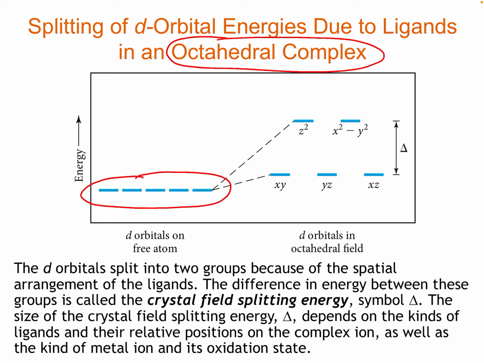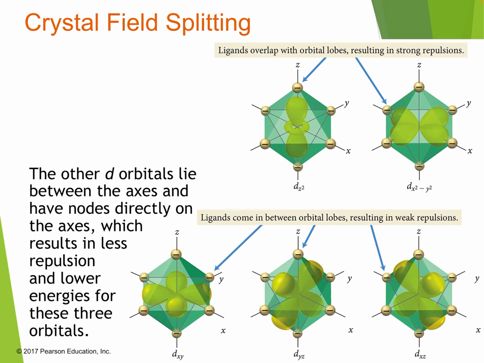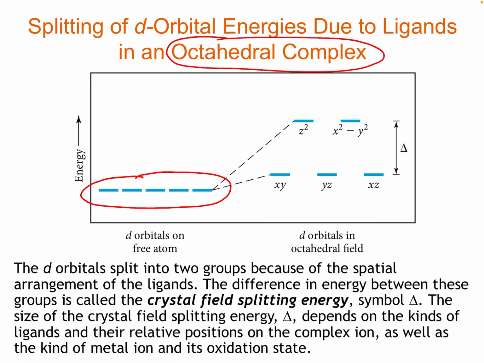Okay, octahedral. So we have our 3 down here at the bottom that are experiencing kind of weak repulsions. They are experiencing repulsions, but they're weak. So that's why we see these three orbitals are a little bit higher in energy than the metal ion normally, but not really high because they're only experiencing weak repulsions.